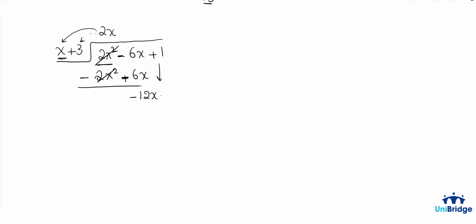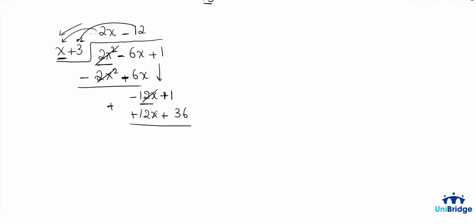You bring down the 1. Again, the following step is first divided by first. So negative 12x divided by x gives you negative 12. And then you multiply what you just got by the two terms you're dividing by. So this becomes negative 12x. And negative 12 multiplied by 3 is negative 36. You change the signs and add.